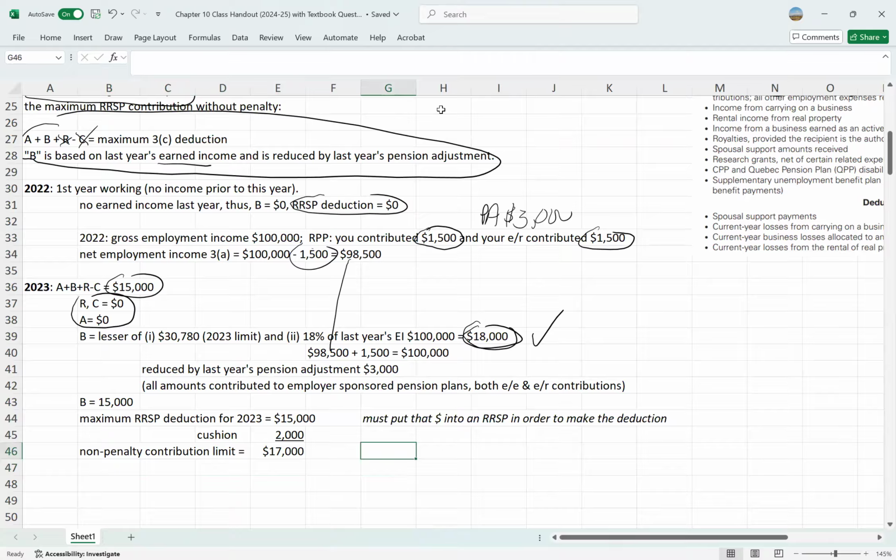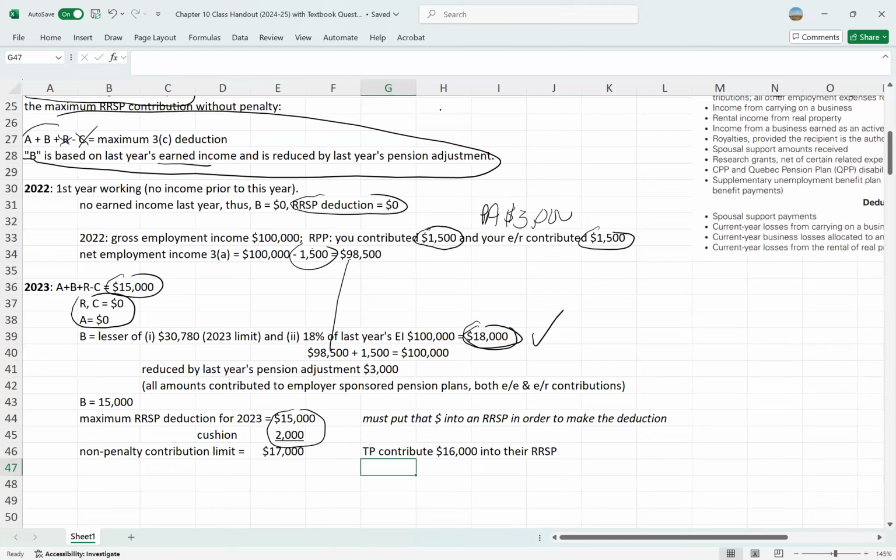So then let's talk about the contributions. Let's say this taxpayer will contribute 16,000 into their RRSP. So they actually put 16,000 in because remember they can only deduct 15,000, but because of this $2,000 cushion, they can put in a little bit more without getting penalized.